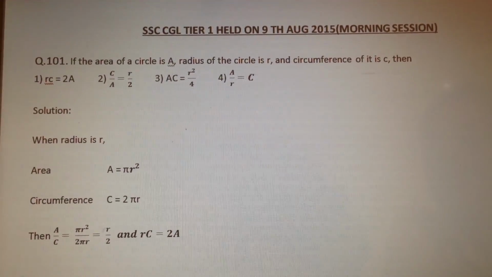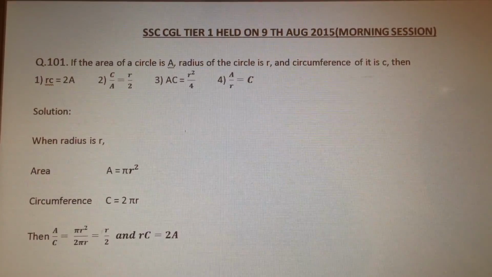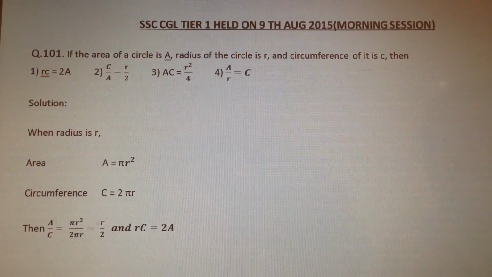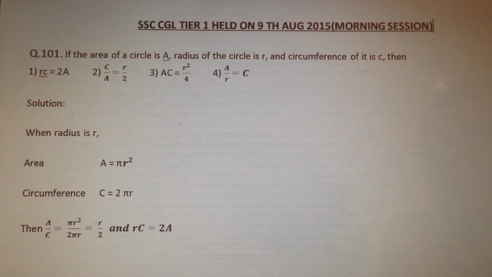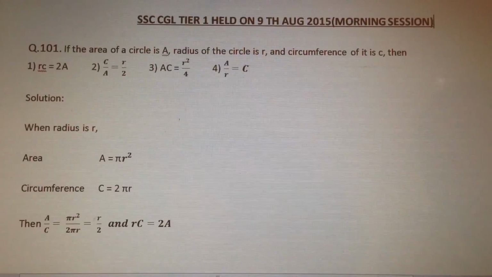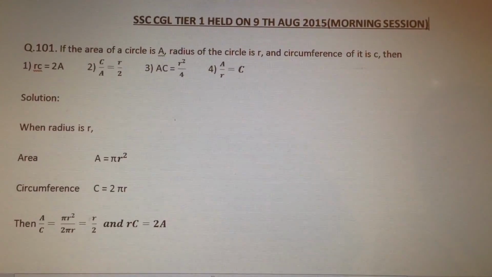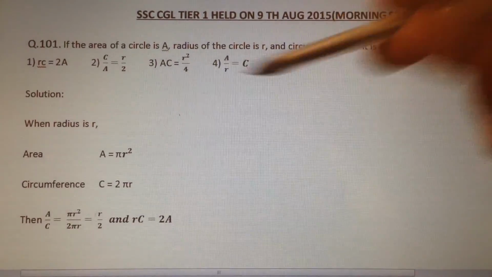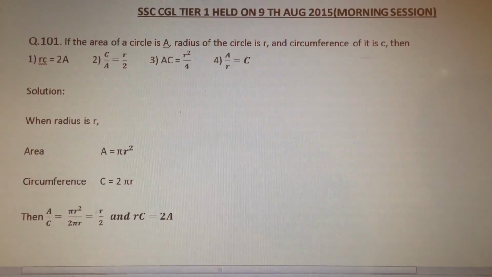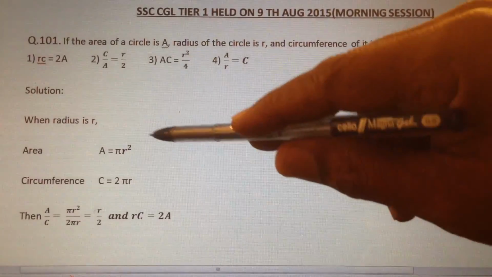Okay, let us start with question number 101. If the area of a circle is A, radius of the circle is R, and circumference of it is C, then the relationship is. Here is the solution. It's a very simple question. When the radius is R, area of the circle is pi r square.